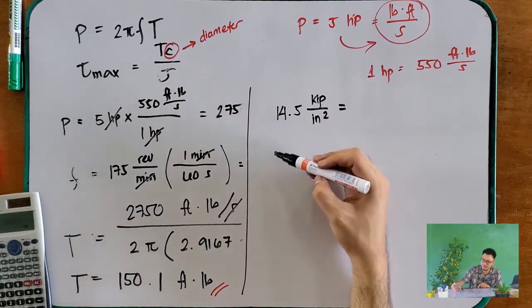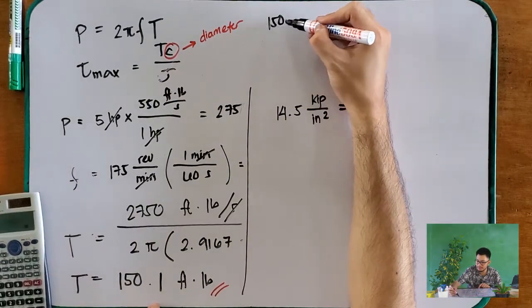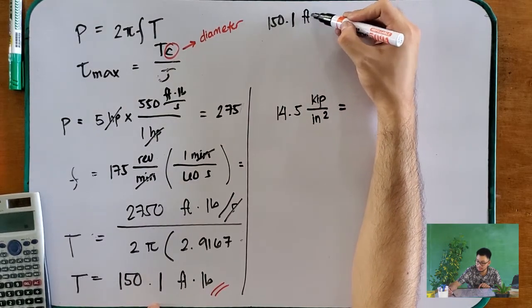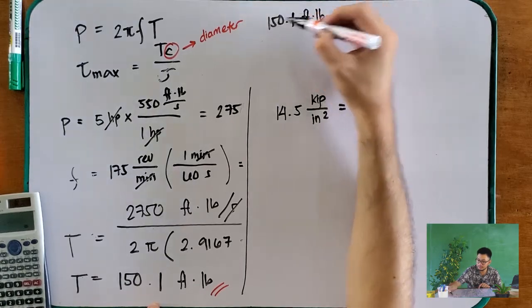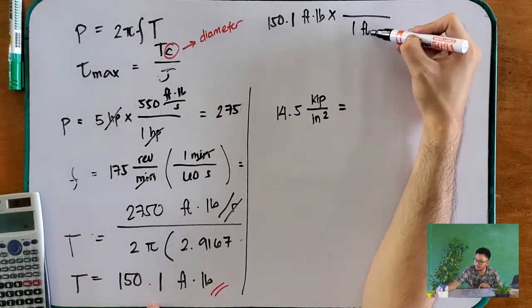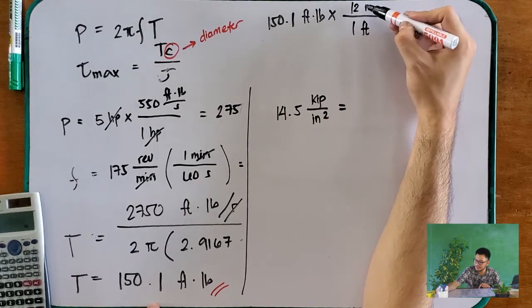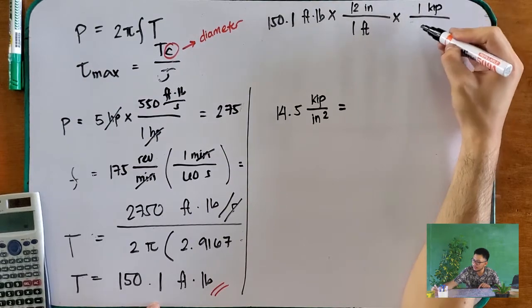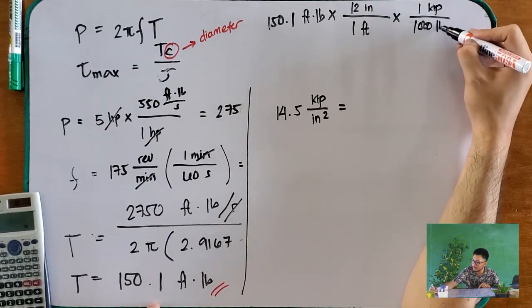Okay, so let's do that first. 150.1 foot-pound times 1 foot is 12 inches times 1 kilopound is equal to 1,000 pounds.